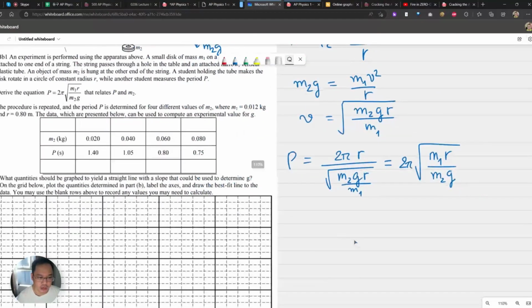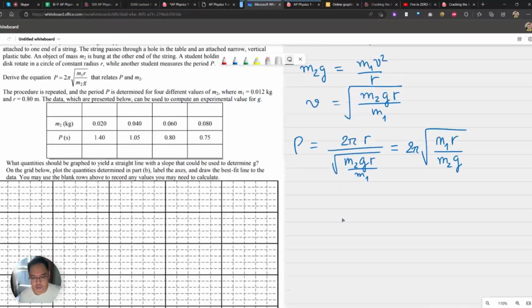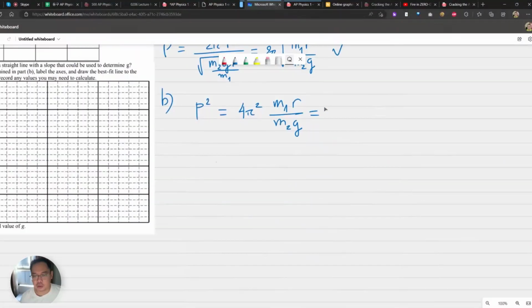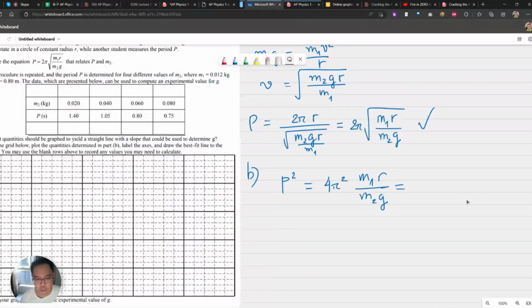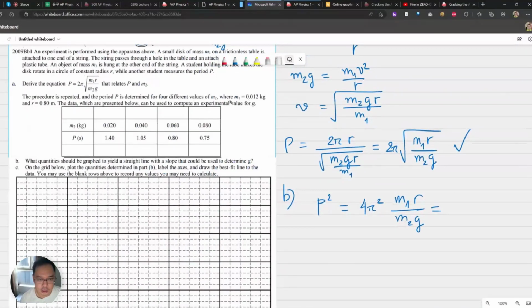What quantity should be graphed to yield a straight line with a slope that can be used to determine G? We need to determine G from this equation. Because G is inside the square root, we need to square both sides so that the period squared equals 4 pi squared times m1 r over m2 g.